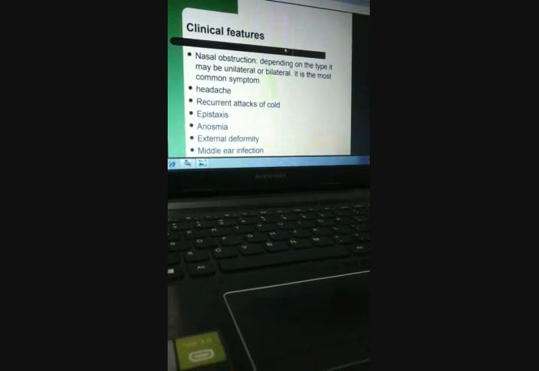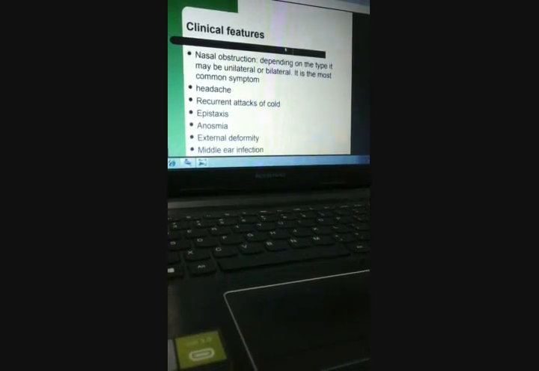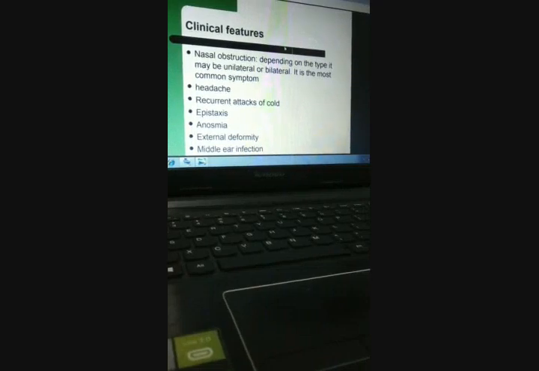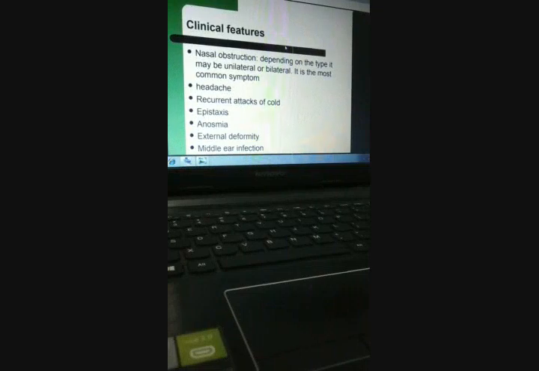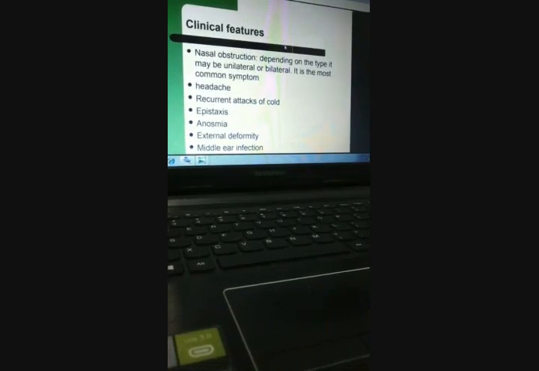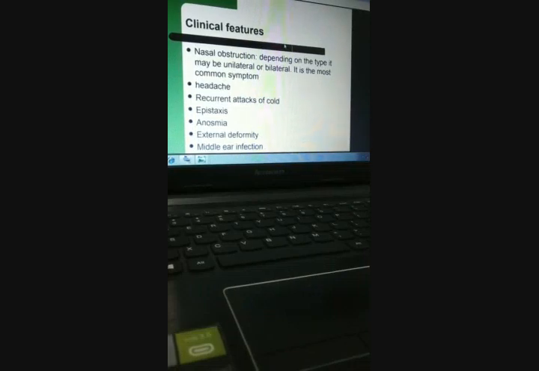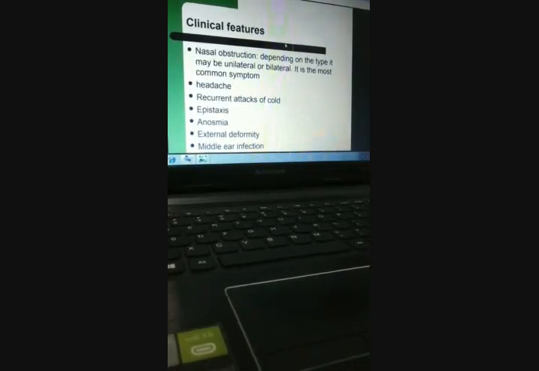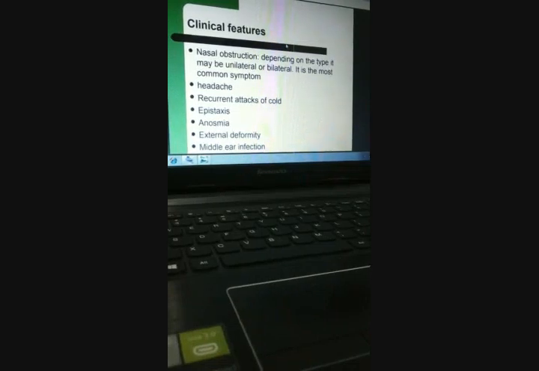So we have to assess where the site is causing nasal obstruction. Unilateral choanal atresia may usually be missed in infancy and childhood. A choanal polyp may be missed on anterior rhinoscopy unless posterior rhinoscopy or nasal endoscopy is done.